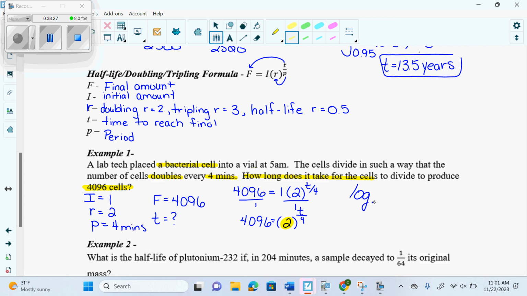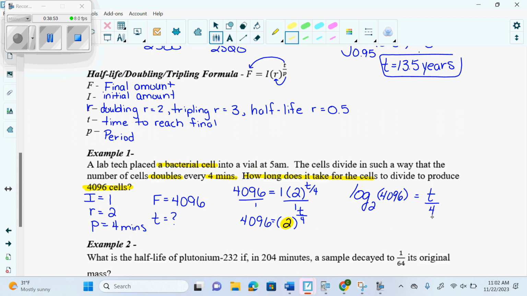So I'm going to get log base 2. Then what goes at the exact same height as the log? 4,096. And it's going to equal the exponent every single time. T over 4. Right? Because what spreads doesn't stay friends when I convert.